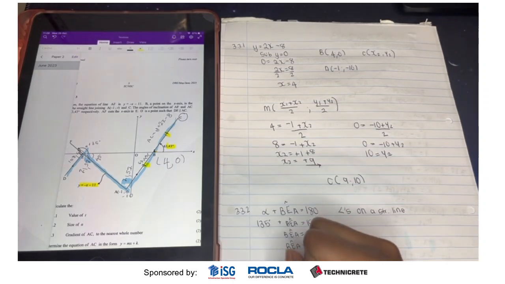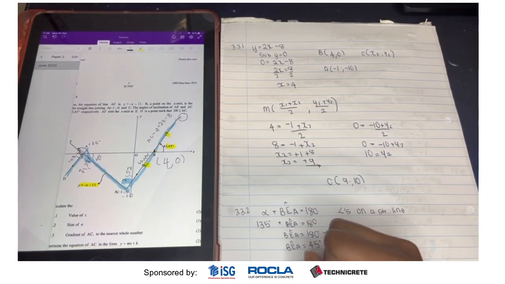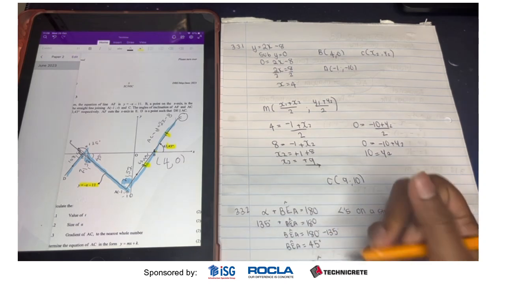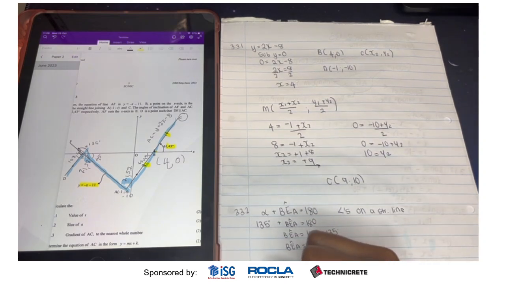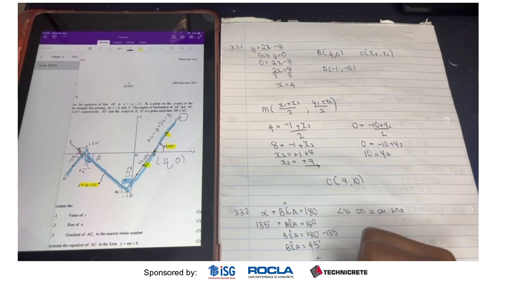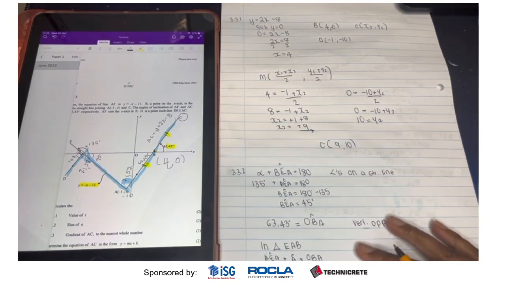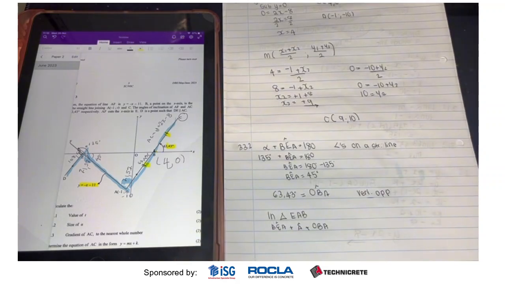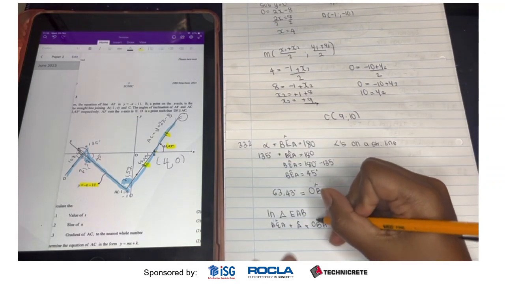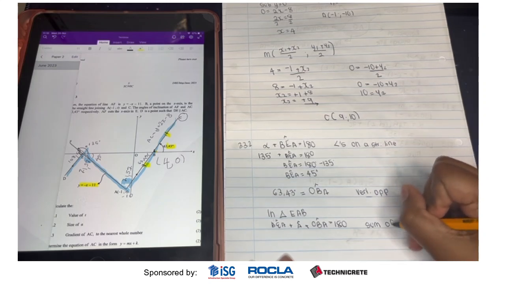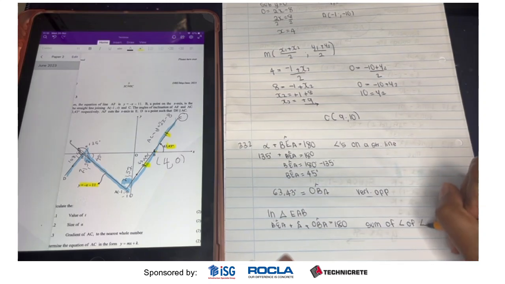So in triangle EAB, the first angle that we have, which is BEA, plus angle A plus angle OBA is equal to 180, and that is sum of angles of a triangle.